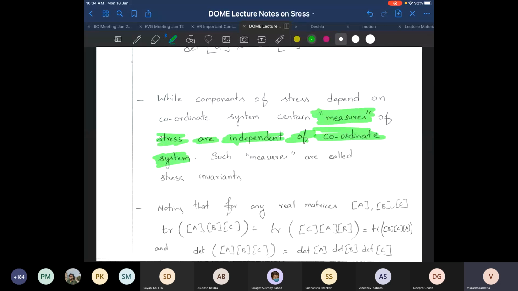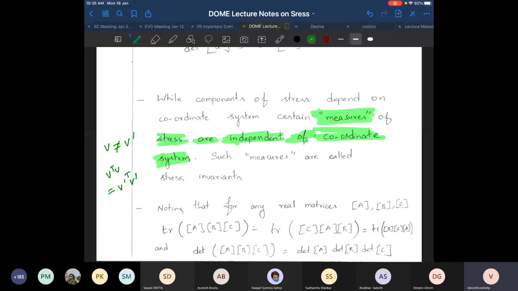Which measure of a vector will be independent of the coordinate system? Earlier I told you that V is not equal to V dash, meaning the components of the vector are different. But what aspect of V will be equal to V dash? The magnitude. If I take V transpose V, this will be equal to V dash transpose V dash. So the components are not the same, but the magnitude of the vector is the same.